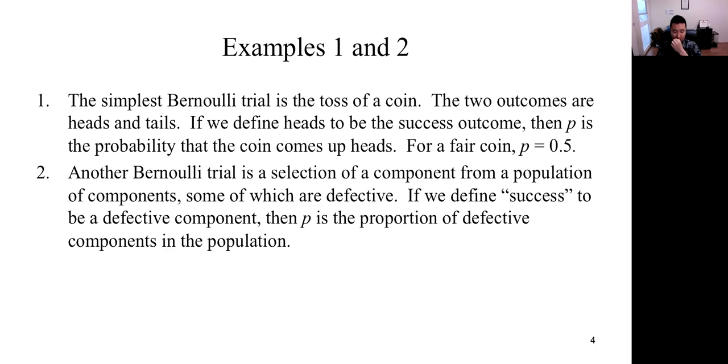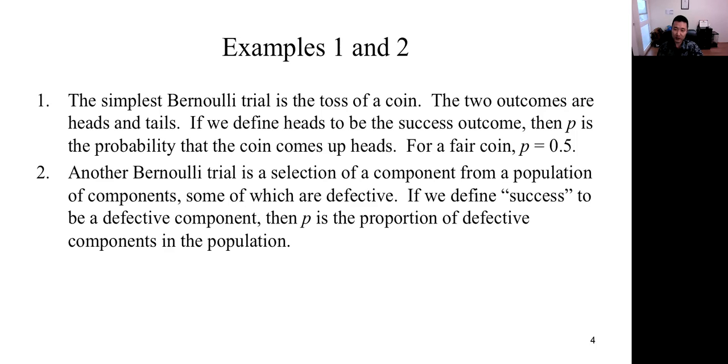Another example of a Bernoulli trial is the selection of a component from a population of components. For example, some of these components are defective. If we define success to be that we pick a defective component, and 10% of the whole population is defective, then p is equal to 10% or 0.1.